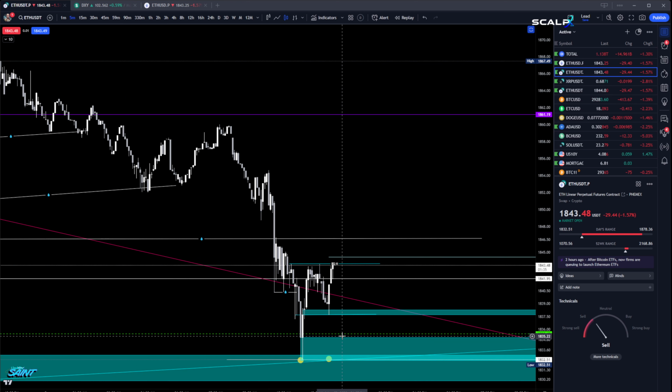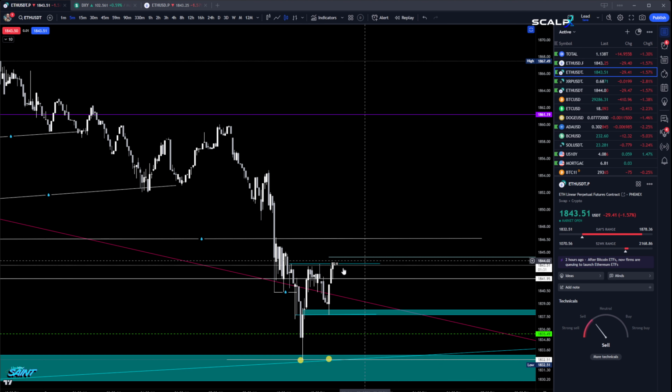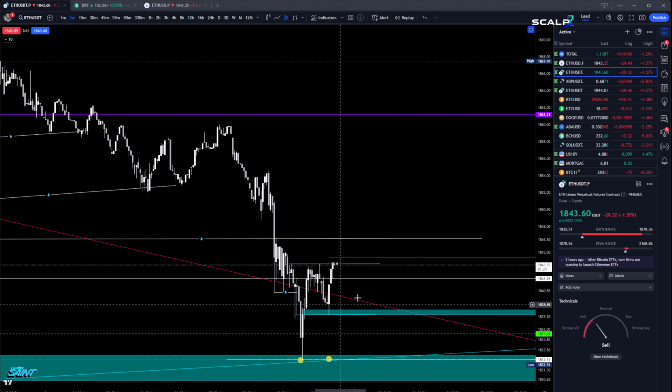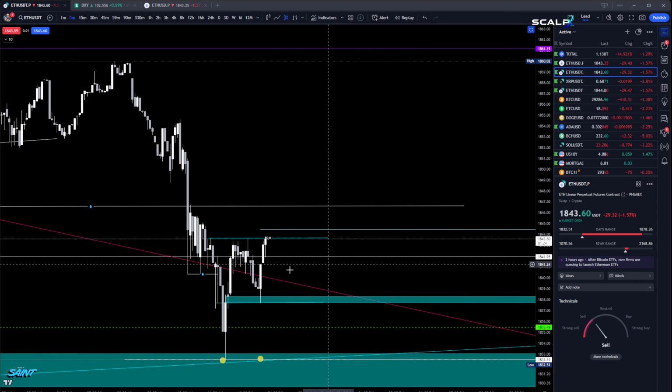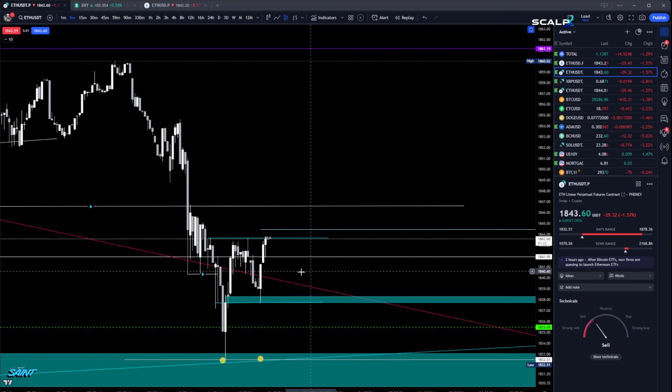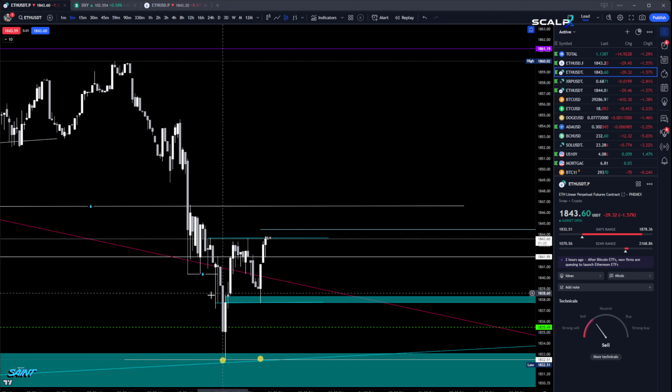It's just how strong do you want it to be? So I'm taking that one off just because I'm not using that one. We already have one down here. But this is for latecomers, right? Who are like, oh man, I missed my opportunity to long. Where should I be looking for longing? What's a good spot to be longing? Right over here.